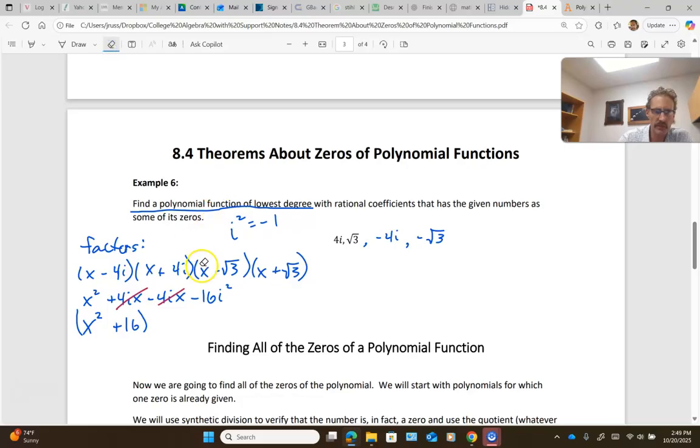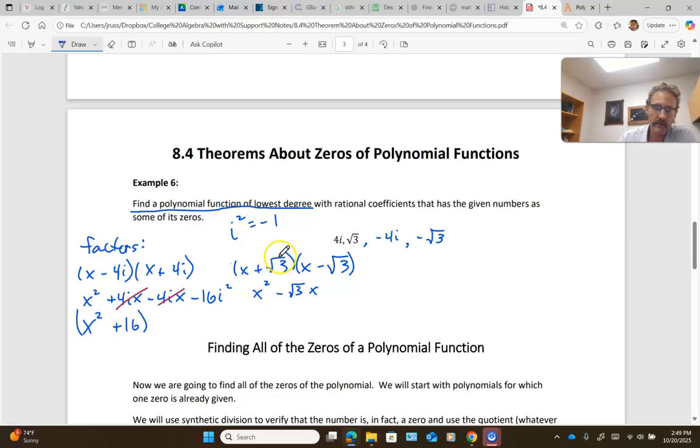Let me scoot these two factors over so I've got enough room. Because now I'm going to multiply these two together. Okay. Well, these are conjugates as well. So again, those two middle terms are going to cancel. So x times x, well, that's x squared. x times negative square root of 3 will be negative square root of 3x.